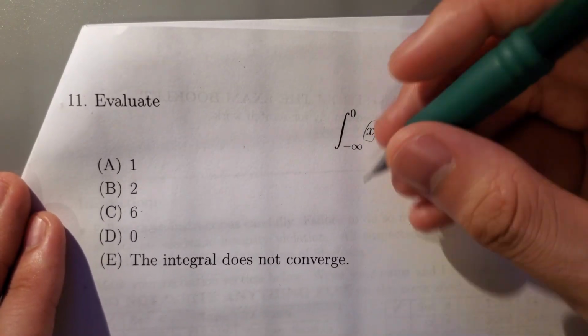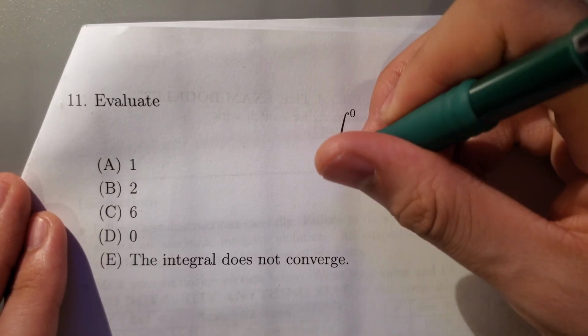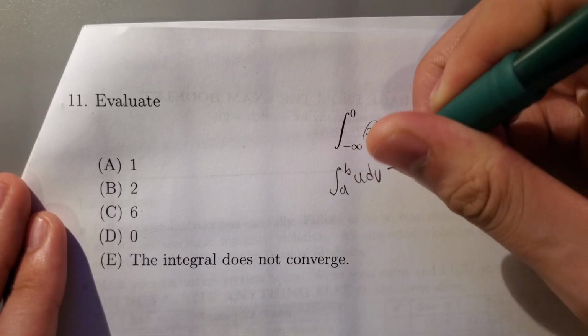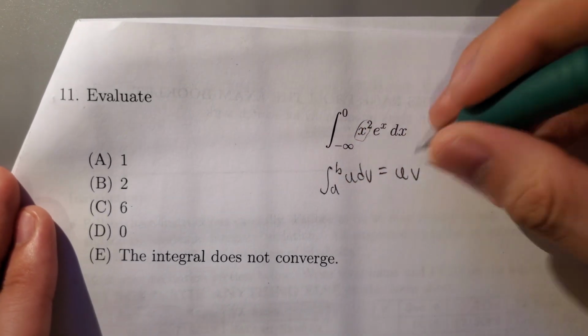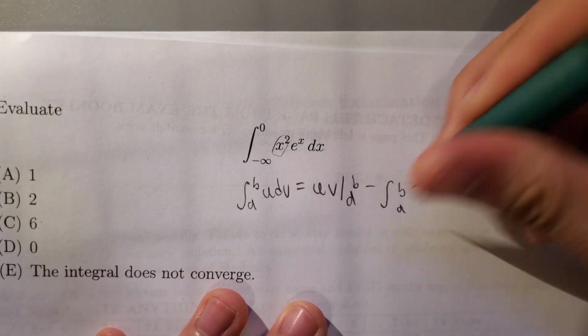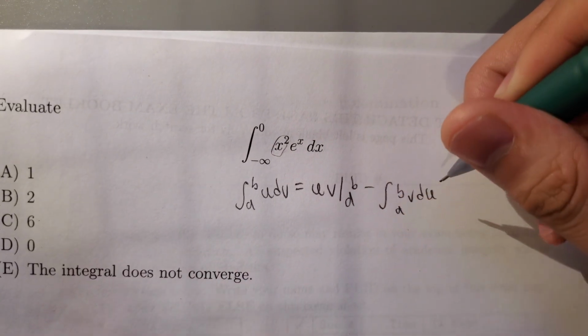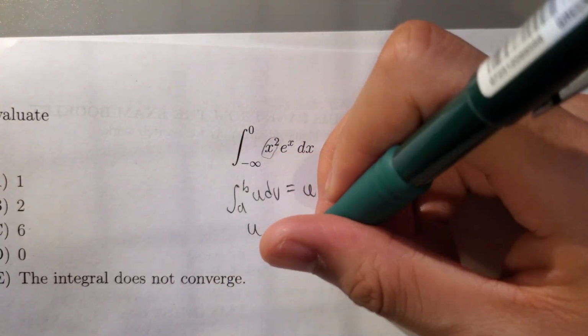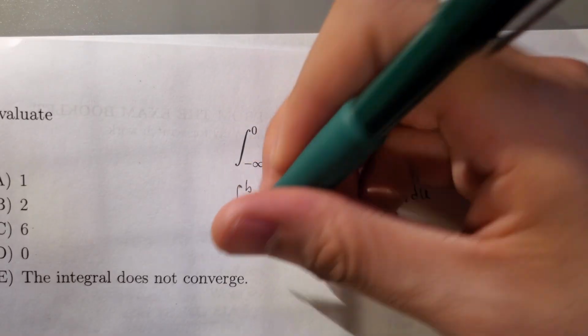So using the formula of the integral from a to b of u dv is equal to uv from a to b minus the integral from a to b of v du. And so we'll start by picking a u and a dv.